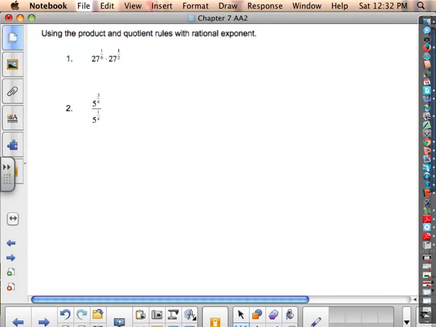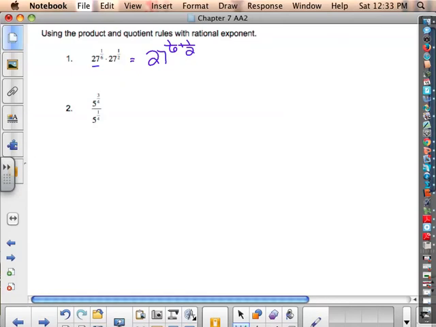Let's take a look at a few problems using the product and quotient rules for rational exponents. So here, I actually have like bases. Let's just leave those bases alone for now. We'll just go straight with the rule. 27 to the 1/6 plus 1/2.